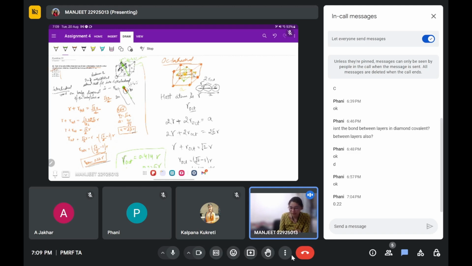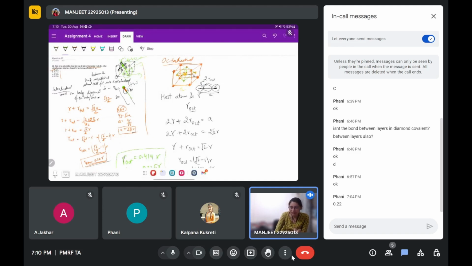The same thing happens for this one. Here also there is a tetrahedral void. That's why in each body diagonal we have two tetrahedral voids, and we have four body diagonals, so the total number of tetrahedral voids in the closely packed structure is eight. Then first you find out this void, then the relation with this one, and then use the formula and convert into one term, because here it asks for the R term.